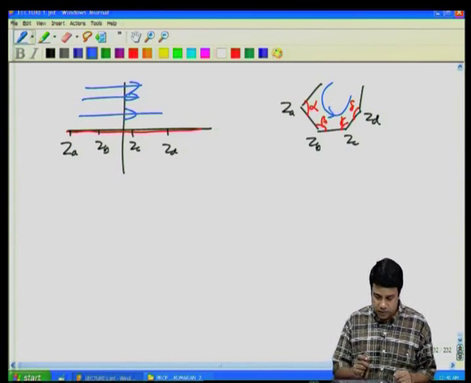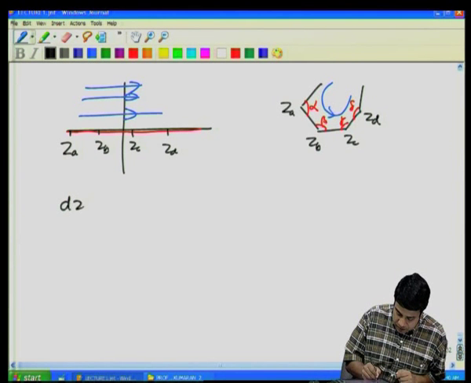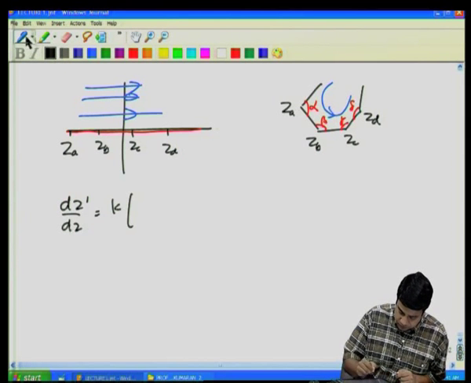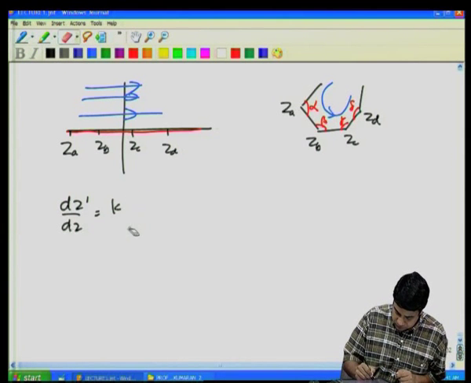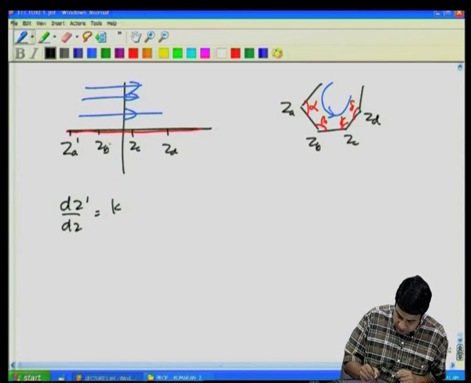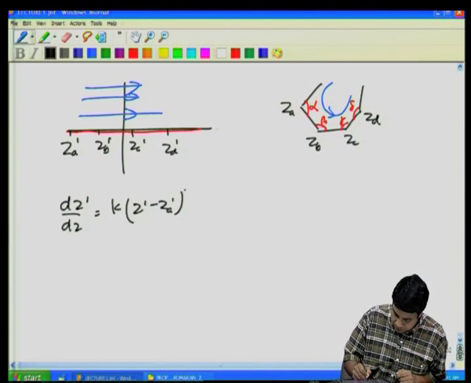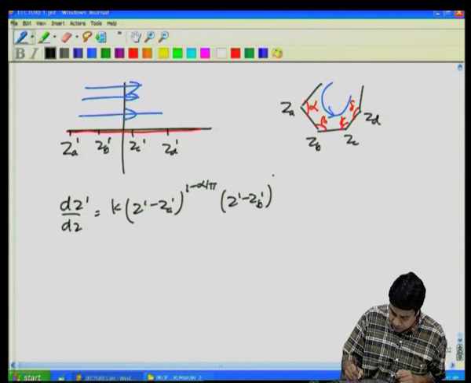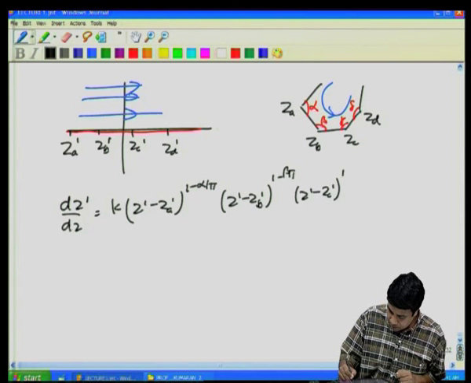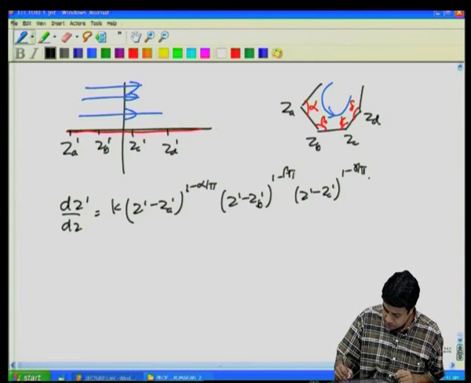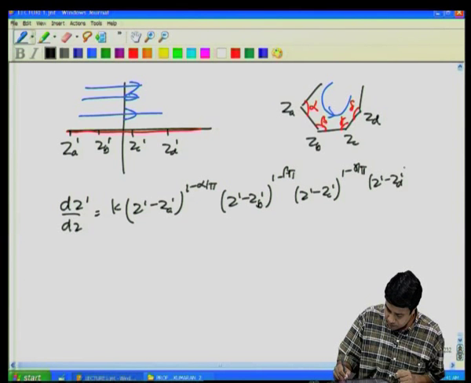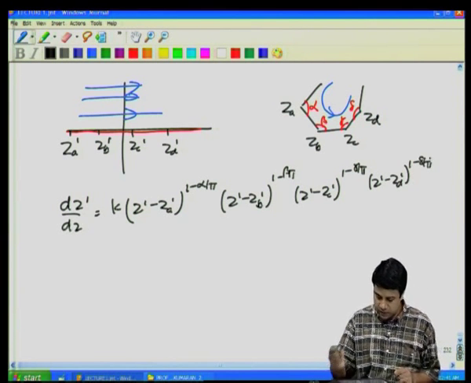And the way this transformation is done is to define dz prime by dz as some constant times a product of factors, one for each corner, and so on.